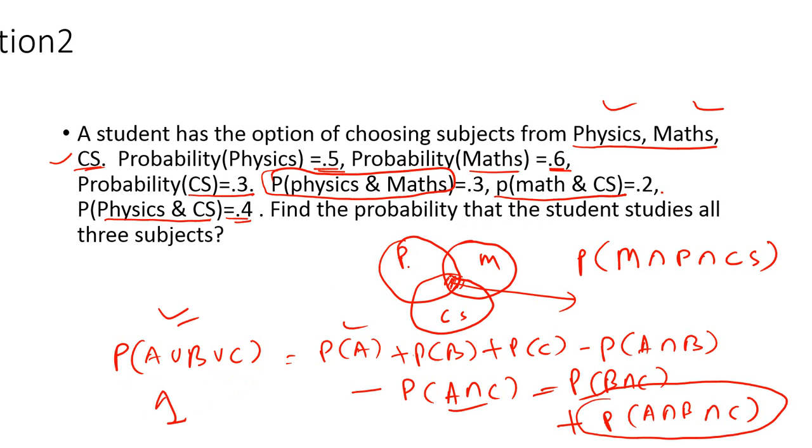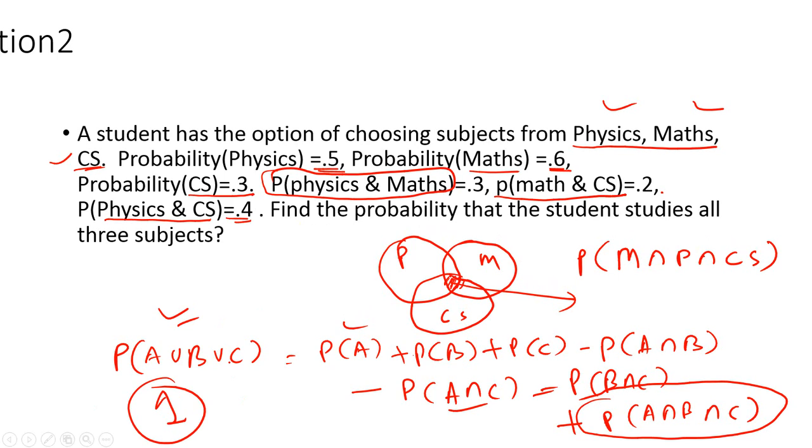Why? Because the student has 3 options and he can choose just either one of them, 2 of them, or all 3 of them. So when we combine all 3, we get a probability of 1, right? There's nothing apart from this. So the full probability is 1 on the left hand side.